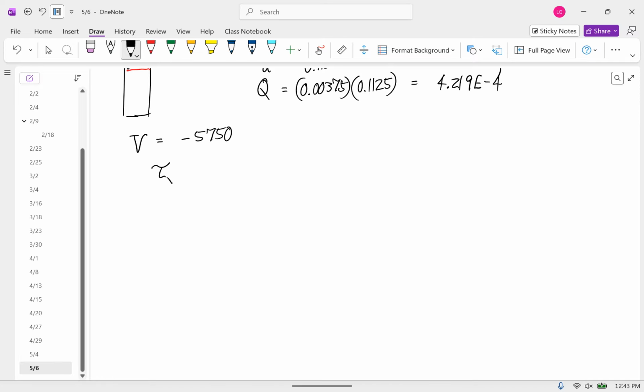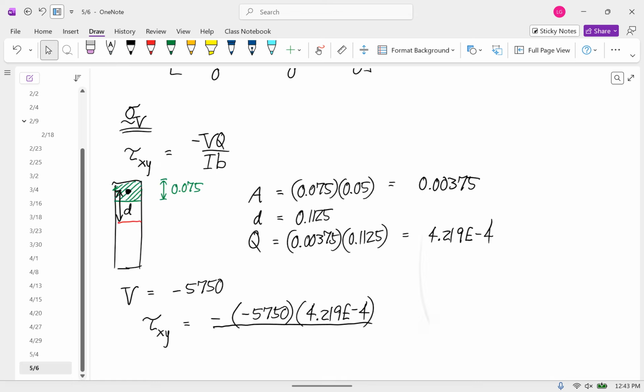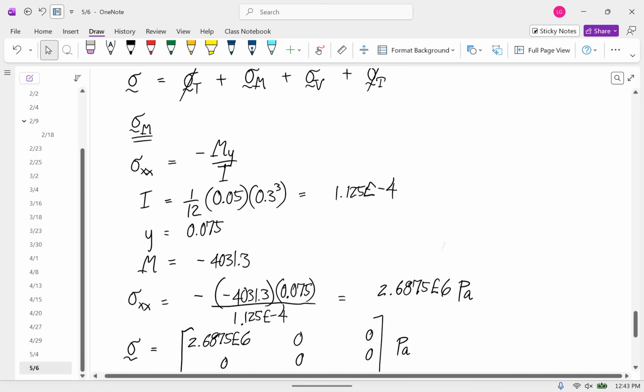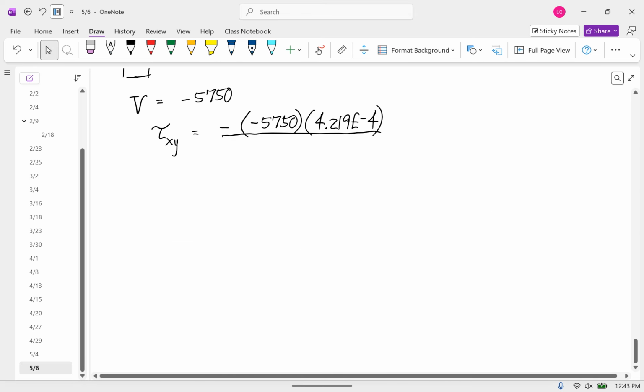And so tau xy is equal to negative of negative 5750 times the Q we just got, 4.219 times 10 to the minus 4th, divided by I that we got before, 1.125 times 10 to the minus 4.